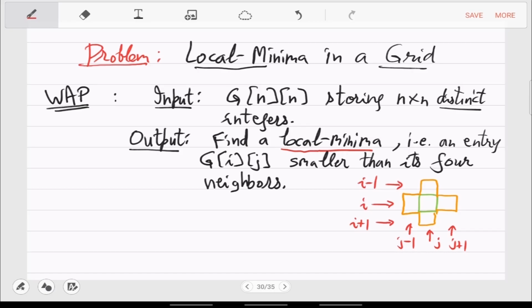So neighbors can be 2 to 4. Can they be 3? Yeah, if you are at the edge, just below the top left and above the bottom left, then you won't have the j minus 1 orange. So neighbors can be 2, 3, 4.